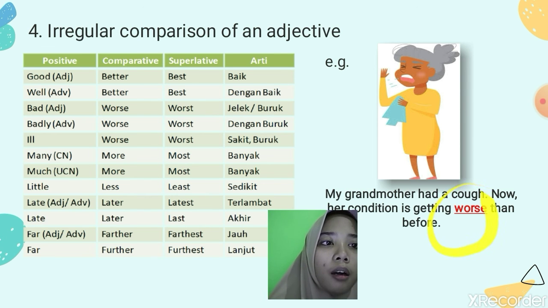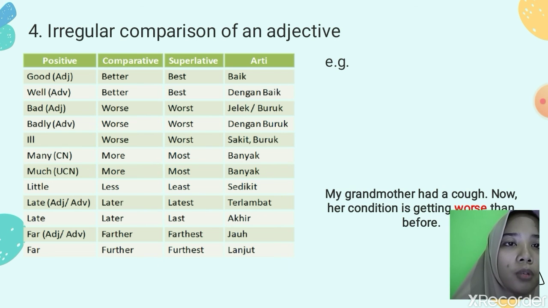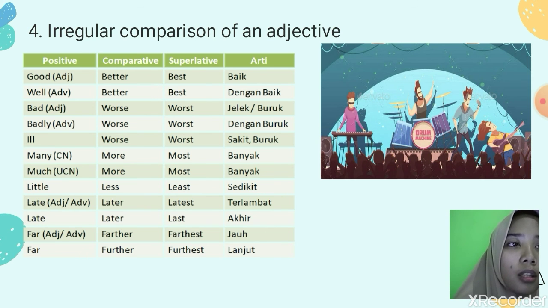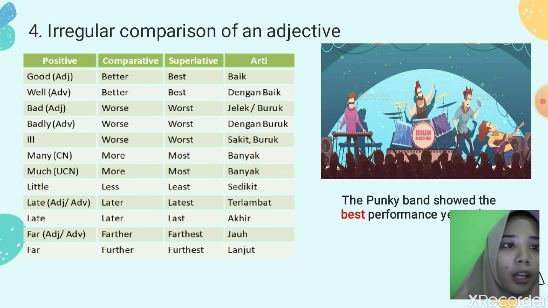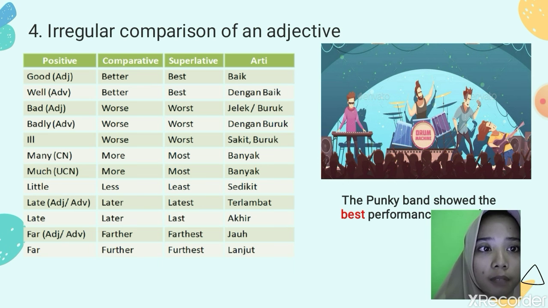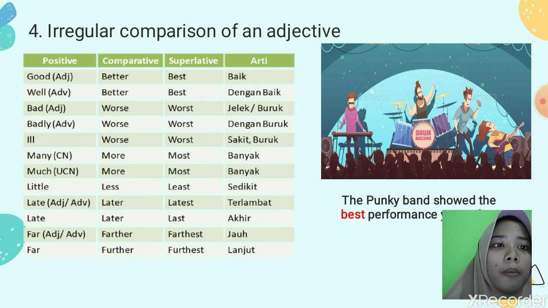So I put worse in this sentence to indicate that her condition is lebih buruk daripada sebelumnya. Okay, so another example is, the punk band showed the best performance yesterday. So the best here refers to yang terbaik, telah memberikan pertunjukan yang terbaik kemarin.